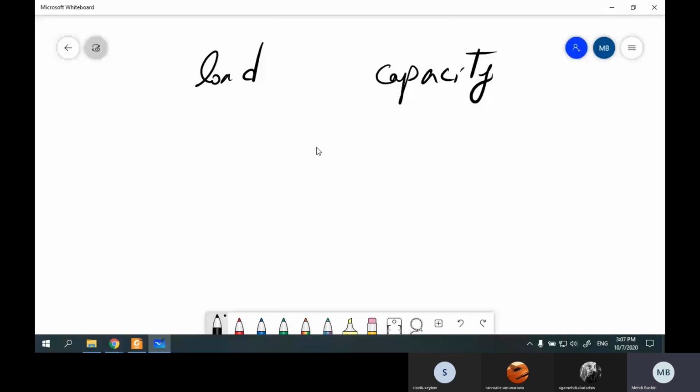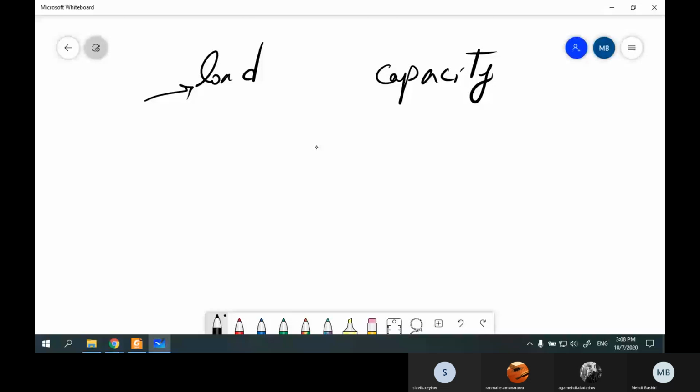That means this is your loading, and you have to provide something, for example your beam, your column, your foundation, your braces, whatever. This element should provide the adequate capacity against this load, to resist this load.